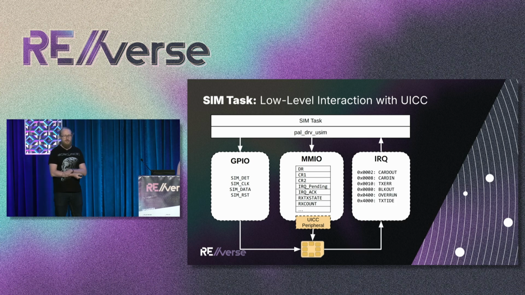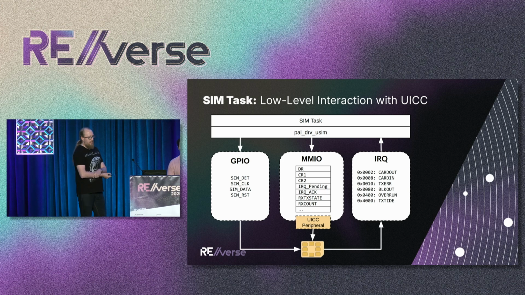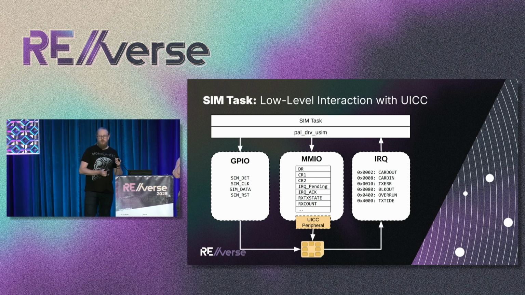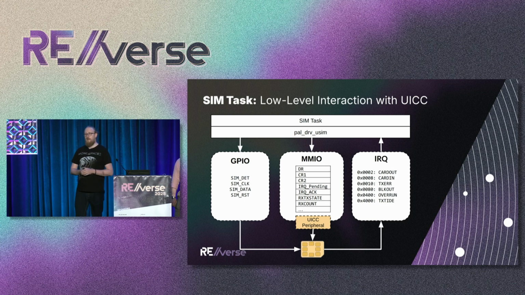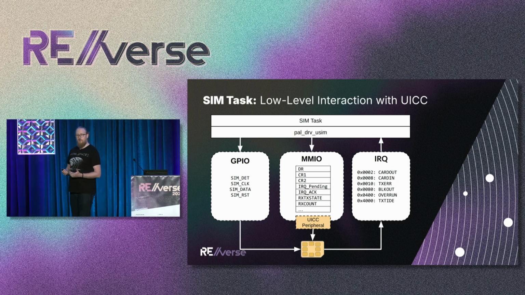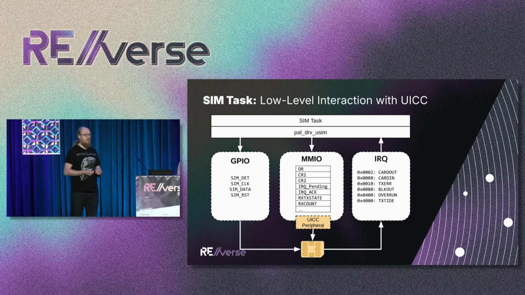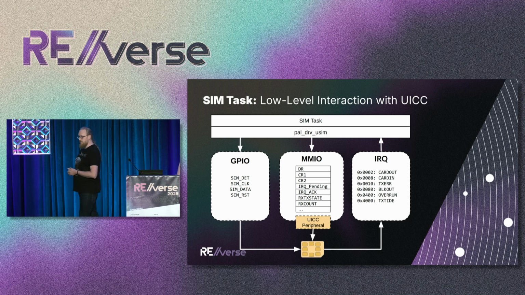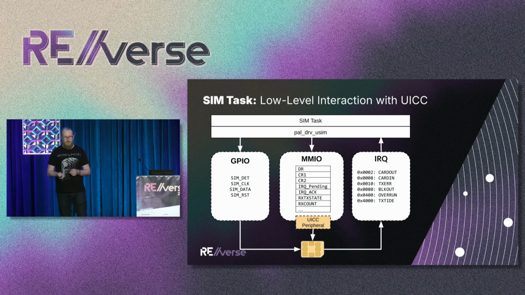Last, as channel, there are interrupts or IRQs, and the SIM or the UICC peripheral can use these to notify that some event happens, right? For instance, there could be data available which needs to be read now, or the card could have been removed, all sorts of different interrupts. That's the low-level communication between the SIM and our baseband.